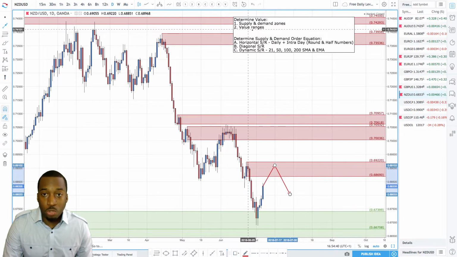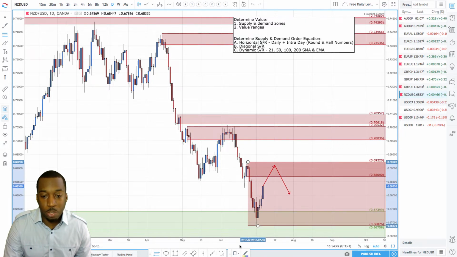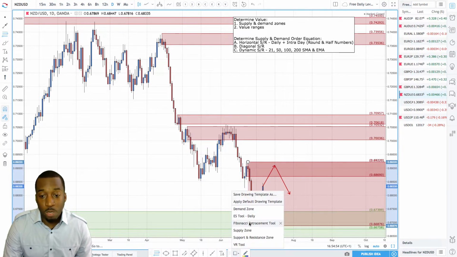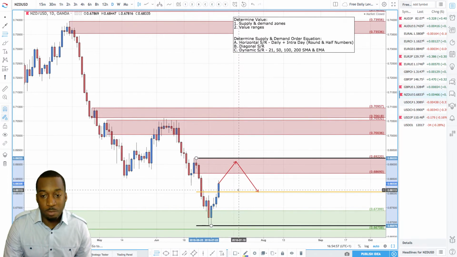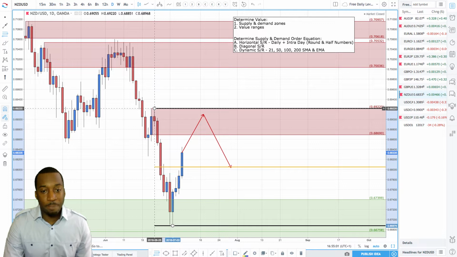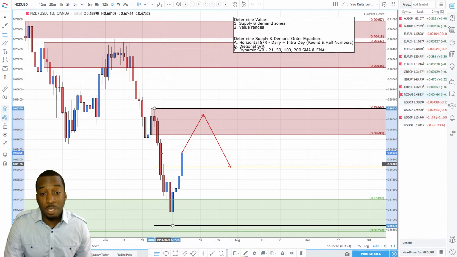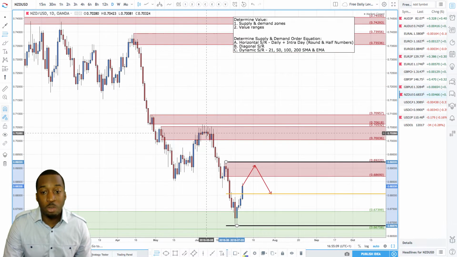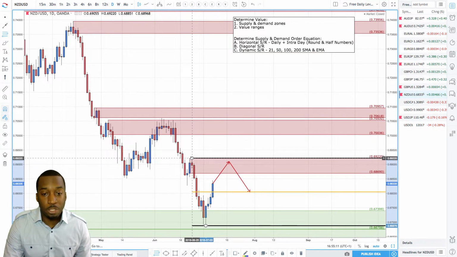We also want to determine value ranges. It's just a tool that I use, a converted Fibonacci tool, which has the 50% level as fair value. The reason behind this is that we're always expecting prices to range within some high and some low. We don't know where that high and low is, but the first highs and lows tend to be at supply and demand zones.